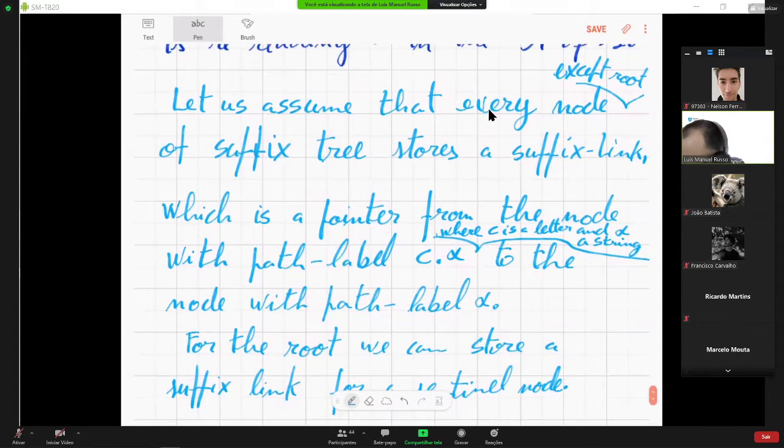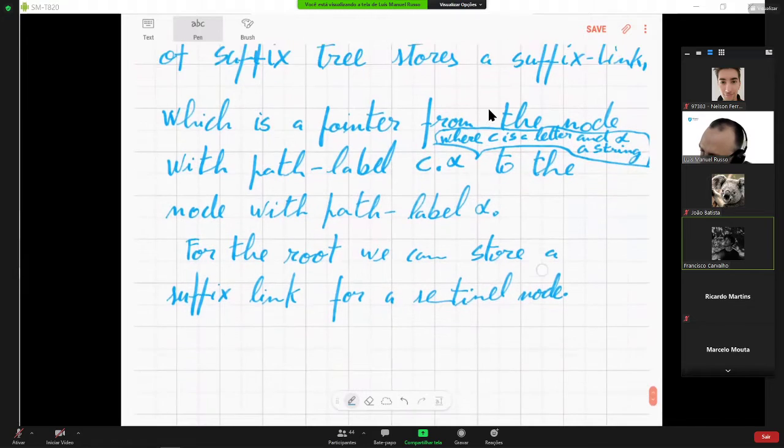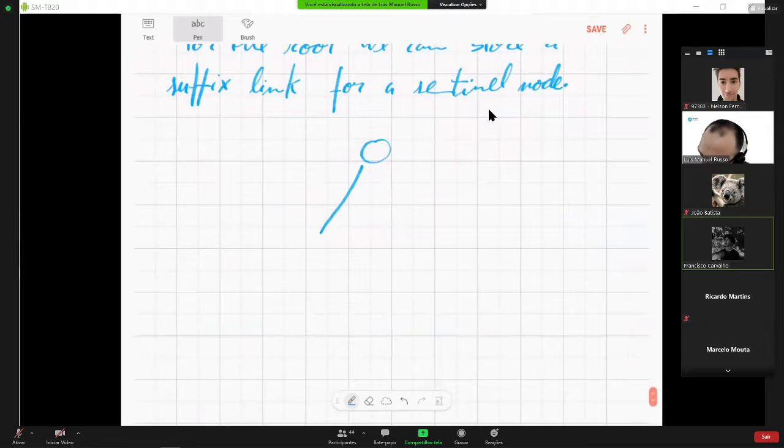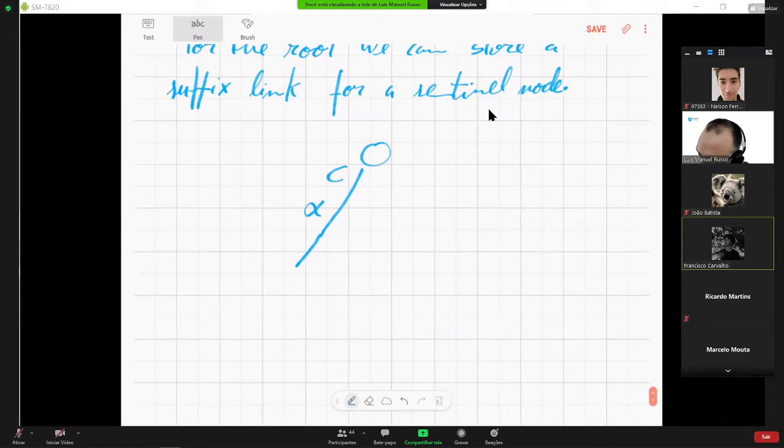Is that okay? Yes, but my point was if we had another case, where there are three substrings: one that is C alpha, another alpha, and another beta alpha, where beta is a different character than C. What would be the shortcuts for that? We are linking C alpha to alpha.